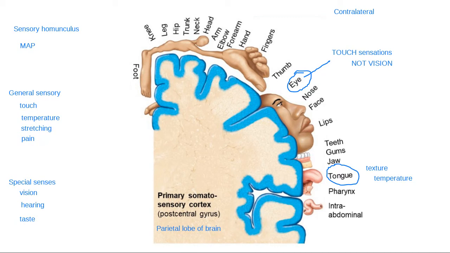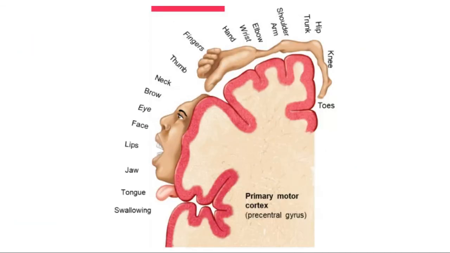And vice versa, when we go to our motor homunculus, we have the opposite. Okay, so I get what you're saying, Nicole. Yep, so how they were complementary, kind of. Yeah, it's kind of like that. The one side of the brain controls the opposite side of the body.